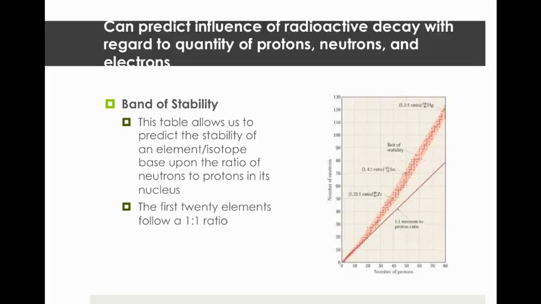If you look at the first 20 elements, you can do that by looking along the x-axis, and you see the number of protons. You see that that follows a 1-to-1 proton to neutron ratio. But as the size of the atom increases, we see that this band of stability has an increasing ratio of neutrons to protons.